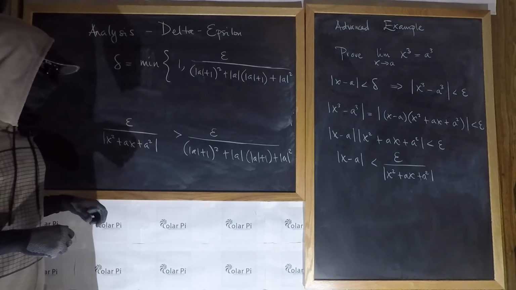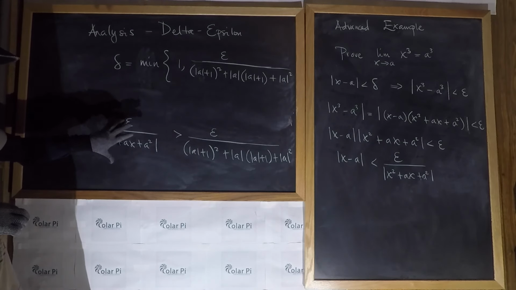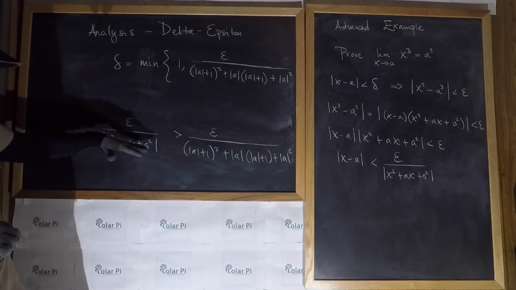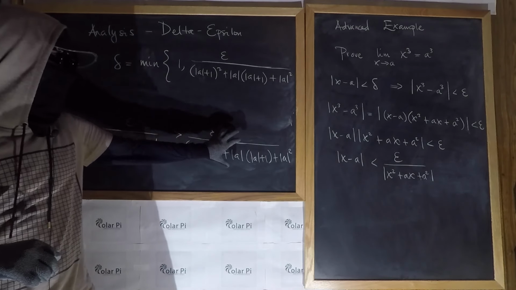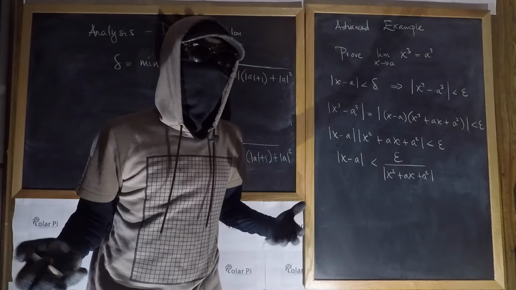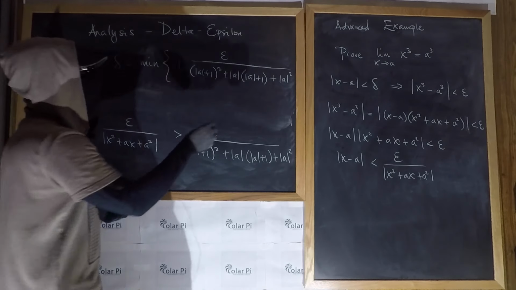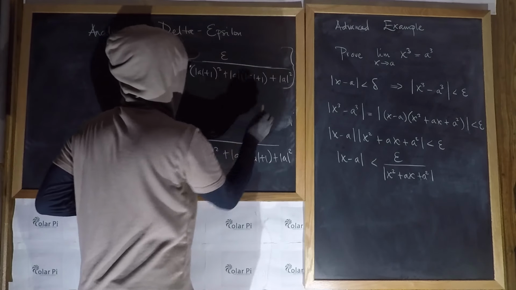Since letting delta equal epsilon over this would have sufficed, picking something smaller for delta will be even better. And there we are.